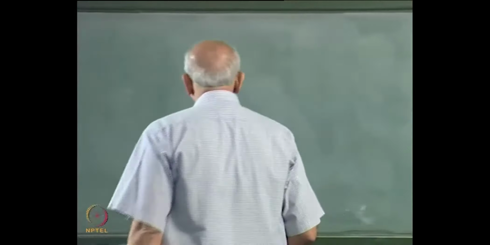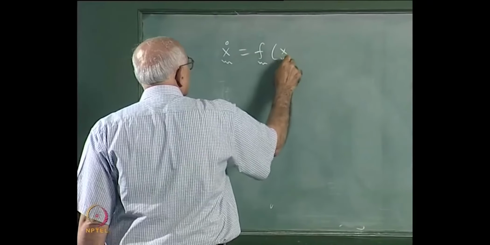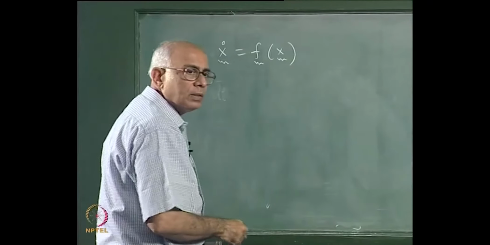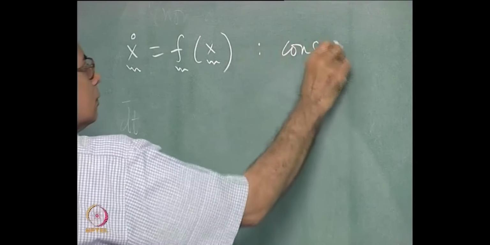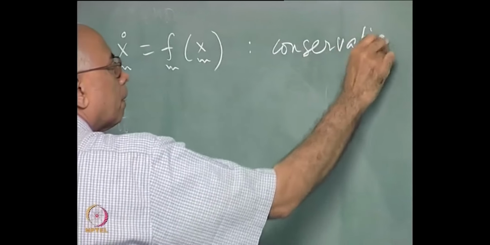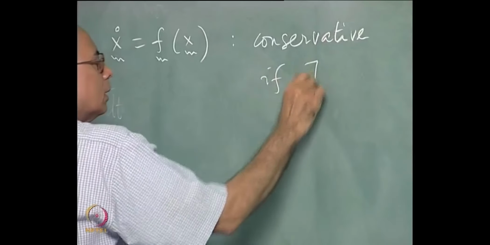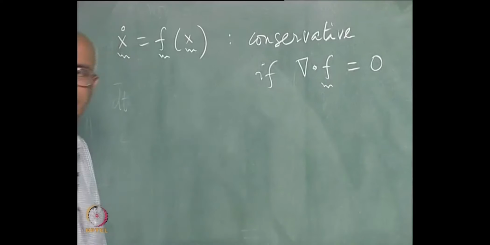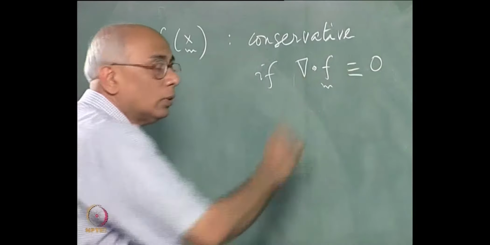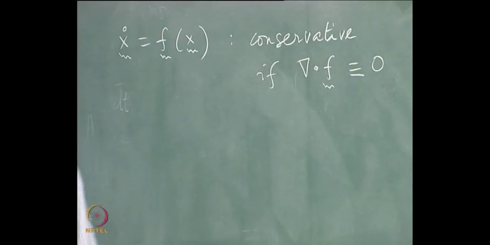Recall that when the dynamical system was given by x dot is f of x, then this was conservative if del dot f vanished identically, or this was identically equal to 0, then we called it a conservative dynamical system.